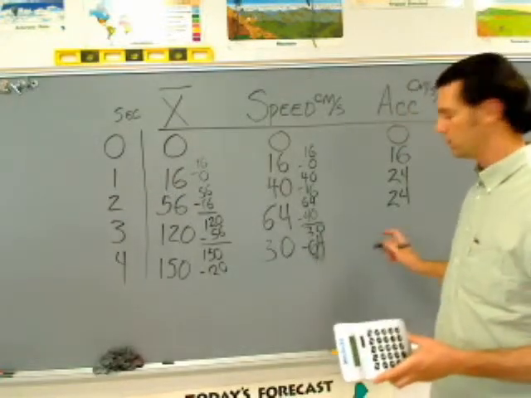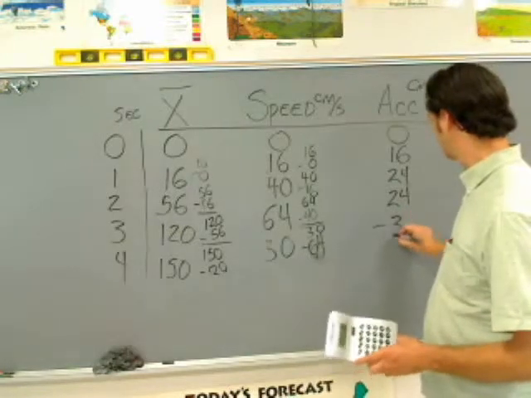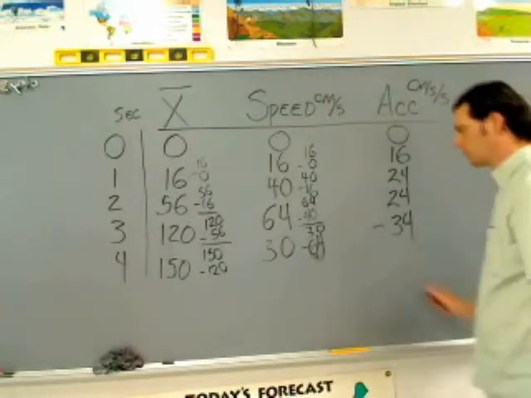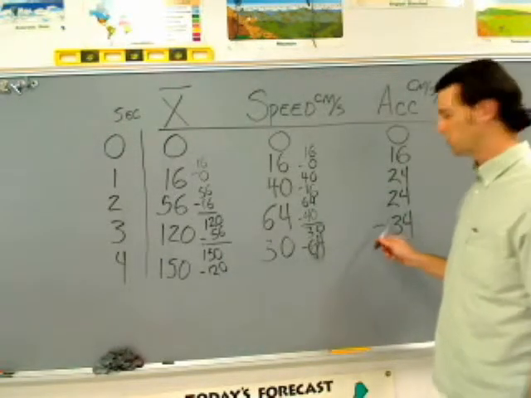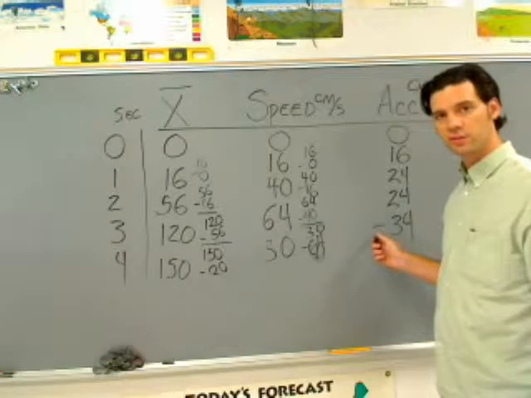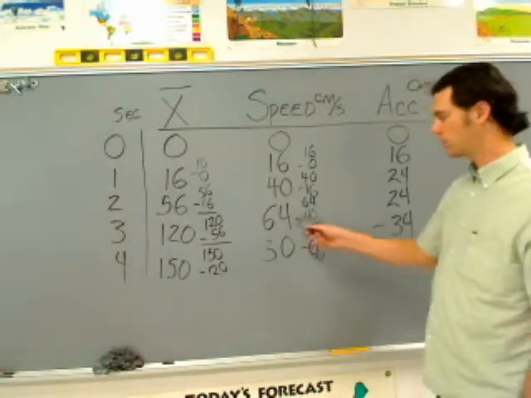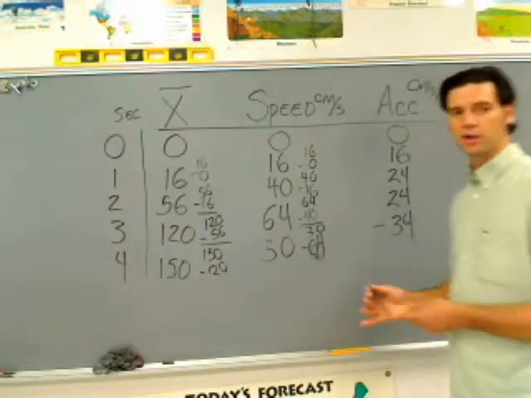Ooh, negative number. Make sure you put that negative mark in there, that's important. Negative 34. A negative acceleration is deceleration. So at this point, it's slowing down by this much. It's still moving, it's just moving slower. It's slowed down from its last speed. And that is the process.